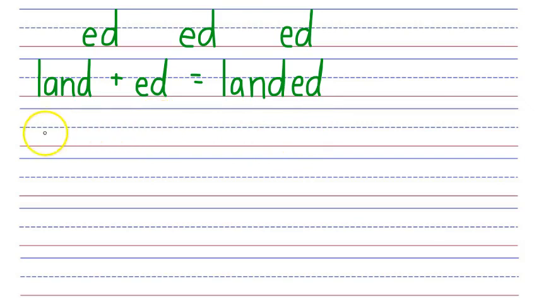Next word, nod. Let's add the ED phonogram to nod. Nod is spelled with an N that says n, an O that says ah, and a D that says d. I nod. Now if I want that to happen in the past, I add ED to make nodded, as in I nodded.